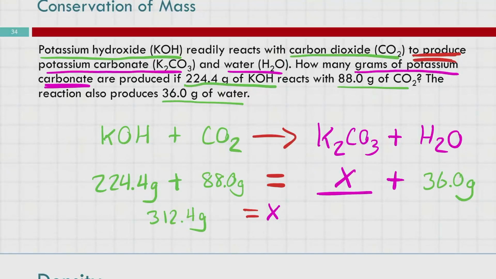We don't know how much K2CO3 we have, but we know that we've got 36 grams of H2O. So we need to move that 36 grams from the right side to the left side. To do that, we just use equal treatment, subtract 36 grams from both sides.